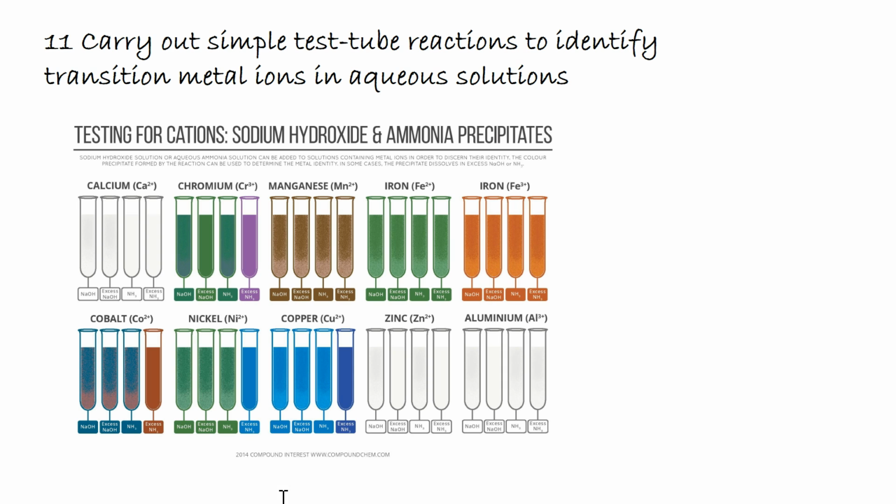Number 11 then is to carry out simple test tube reactions to identify transition metal ions in aqueous solutions. These are relatively straightforward practicals, and you've got to be aware how to pipette things such as sodium hydroxide, ammonia or sodium thiosulfate, SCN, and you're looking at the dropwise addition of these samples to aqueous metal ion solutions.